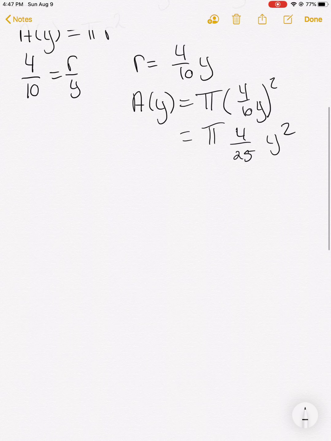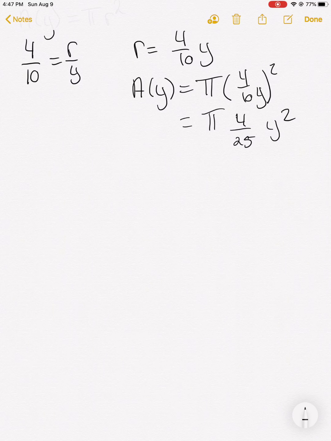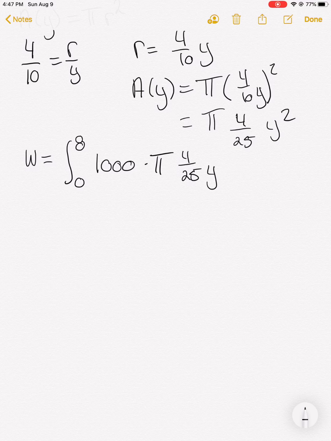So now that we have all these, we can do the original formula. So W, or work, equals the definite integral from 0 to 8 of 1,000 times pi 4 over 25 y squared, times 10 minus y, dy. And don't forget to put dy at the end.